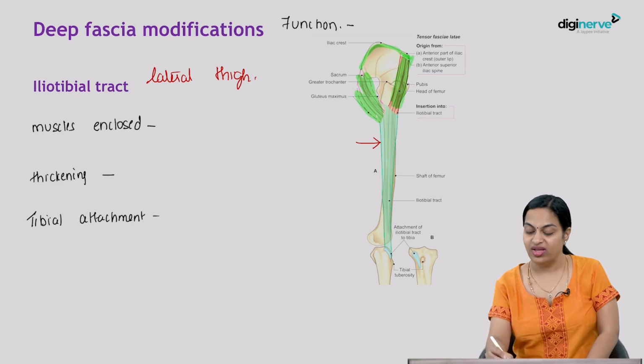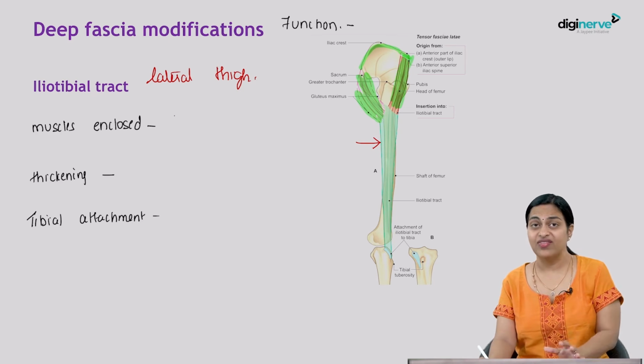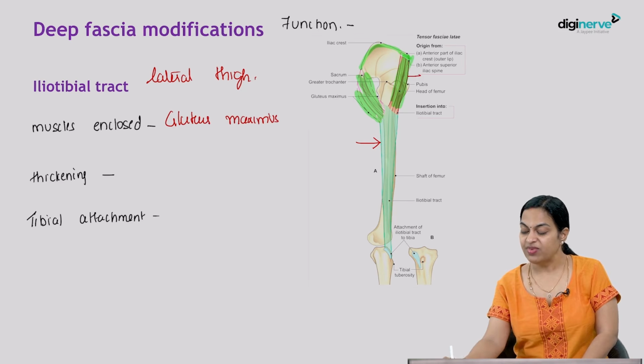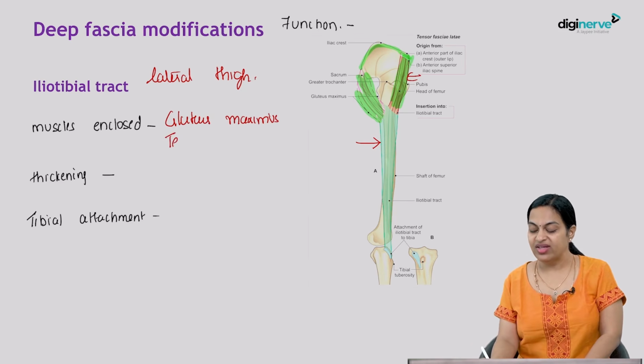Okay, what are they? Come on. In the gluteal region, it receives the upper 3/4 of the insertion of gluteus maximus. And this muscle over the upper lateral aspect of the thigh is the tensor fascia lata.